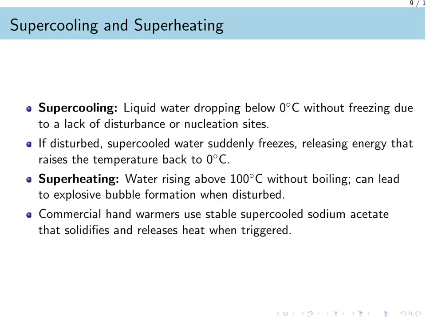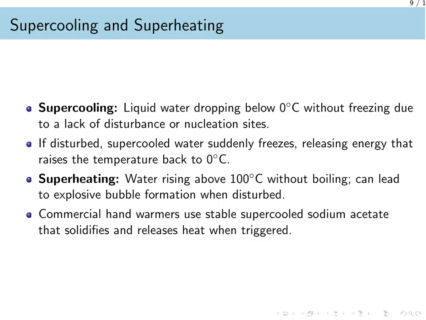Sometimes substances do not change phase at their standard transition temperatures. Supercooling occurs when liquid water drops below 0 degrees Celsius without freezing. This happens in very clean containers, where there are no disturbances or nucleation sites to start the ice formation. If the water is disturbed, it freezes instantly and releases energy that brings the temperature back up to 0 degrees.